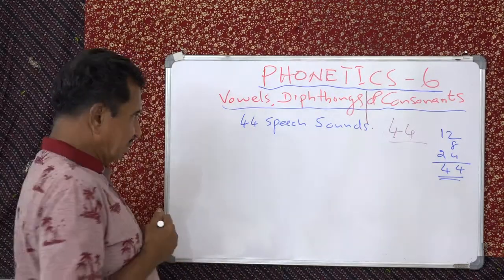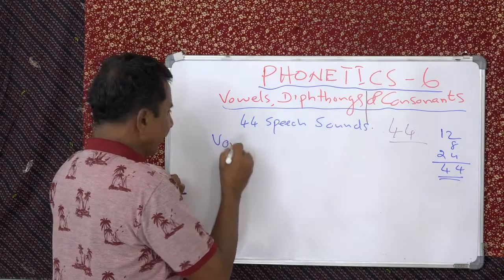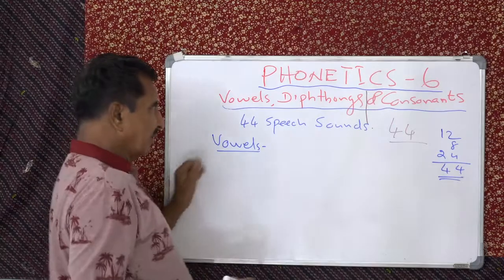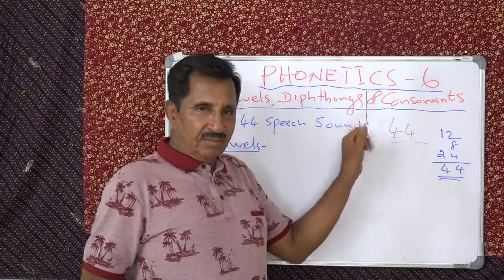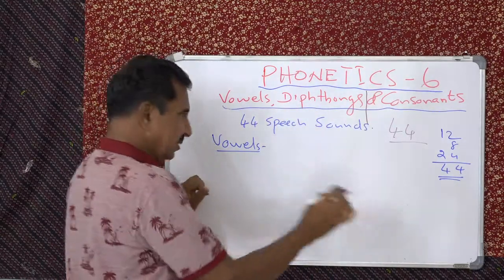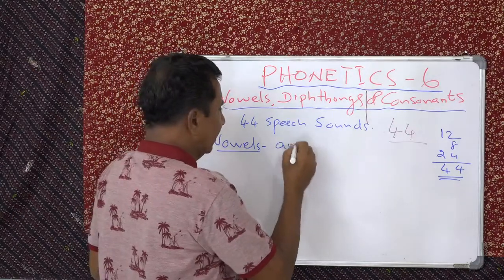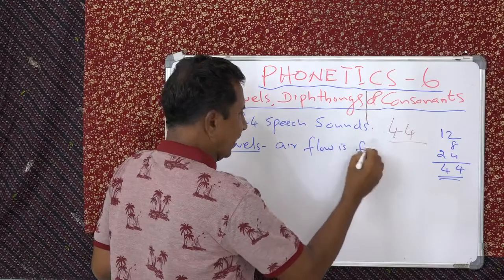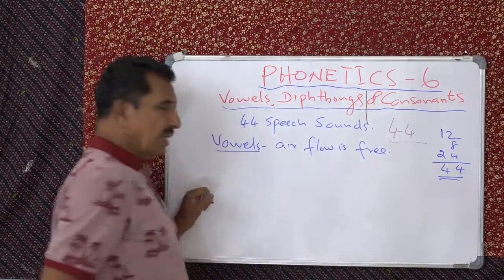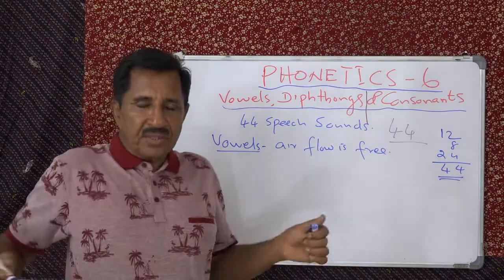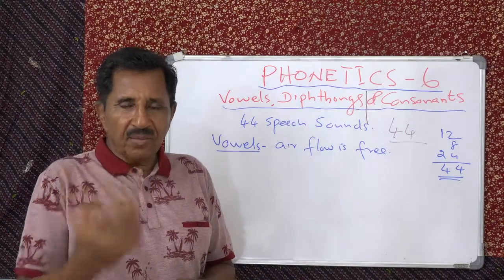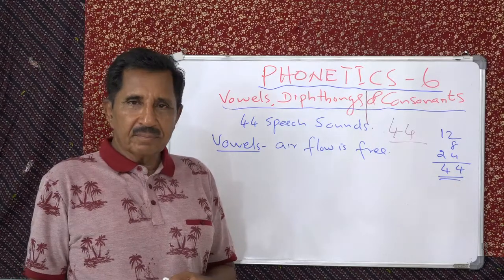Now vowels. Why do you call a vowel a vowel? Remember, vowels means 12 pure vowels and 8 diphthongs. Why? Because the airflow is free. That means there are no obstructions in the mouth. Only through the mouth and nose you can produce sounds.